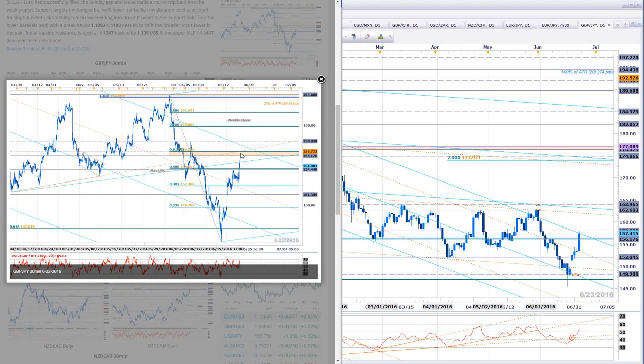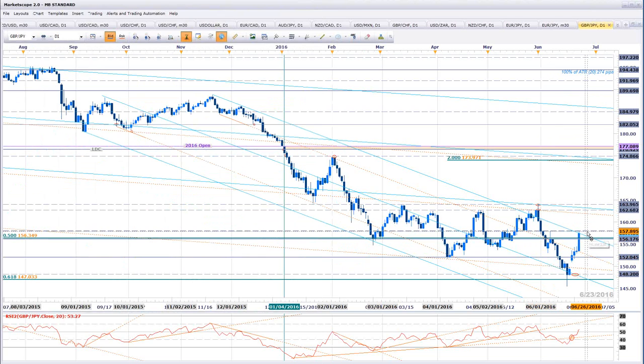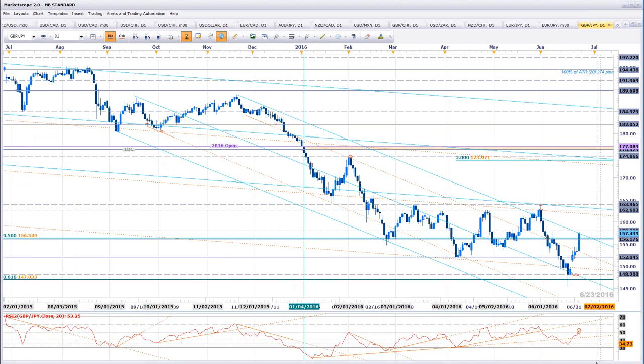The major area now you're looking at is this median line here, the upper median line parallel on this daily chart, which we kind of probed right through and checked that swing high that we made for the 7th of the month. It's basically resistance near term. Momentum has already made a nice clear rebound back above that 50 level.